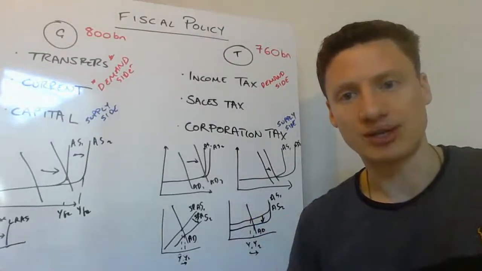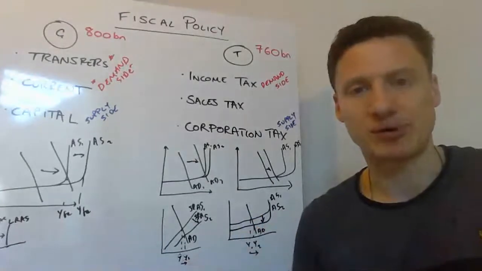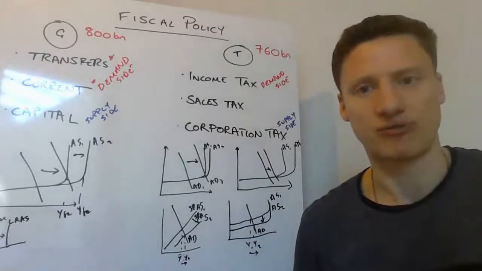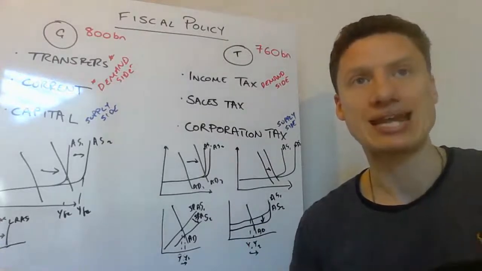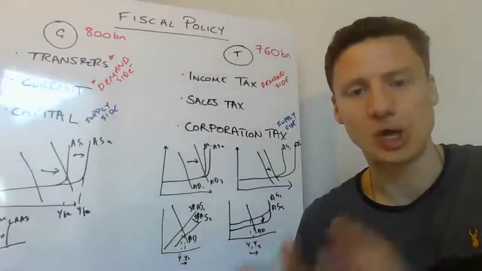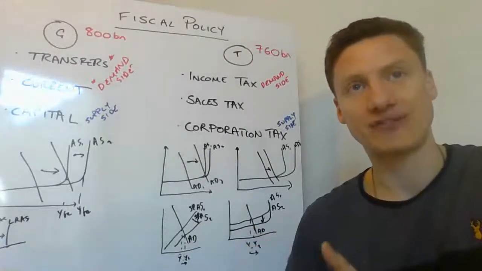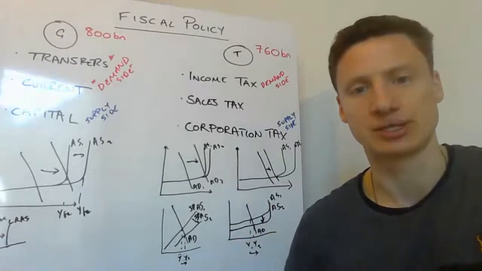But don't think that fiscal policies can't be supply side, or that supply side policies are somehow different from fiscal policies. Supply side policies for me are any policy whose main aim, the real reason, the main purpose of the policy is to shift that AS curve to the right, or the long run aggregate supply curve to the right.